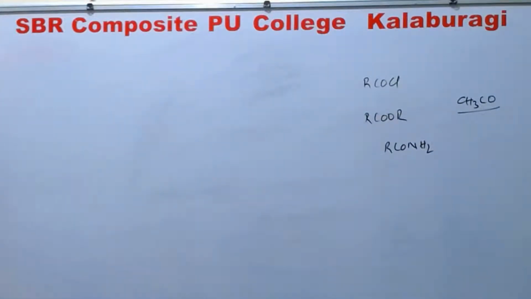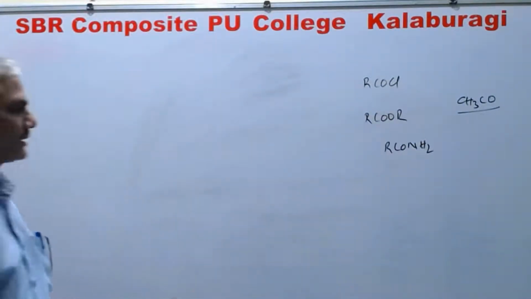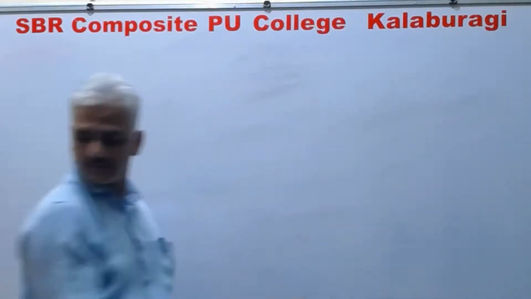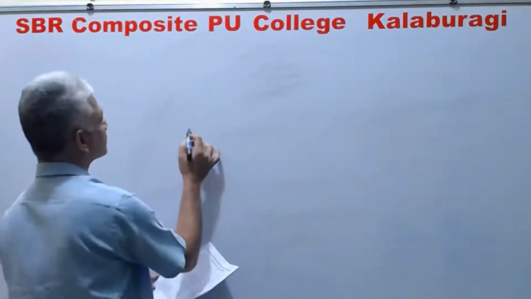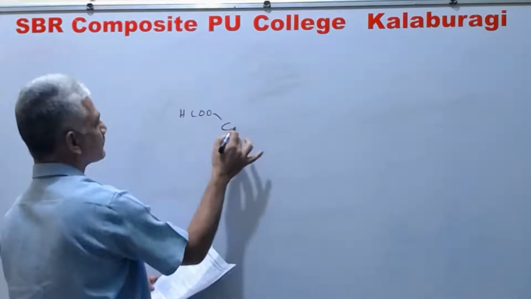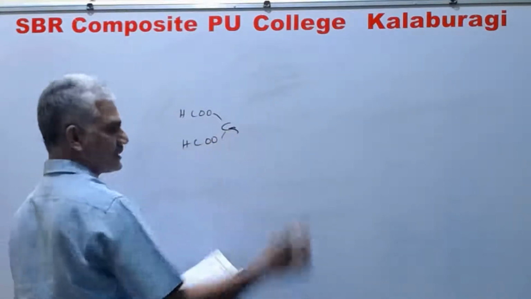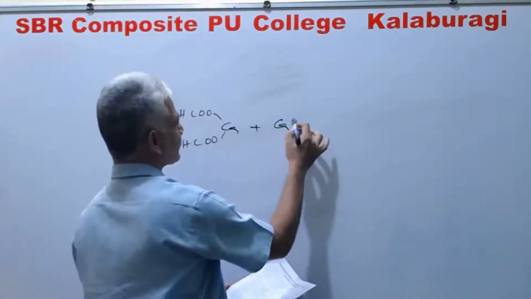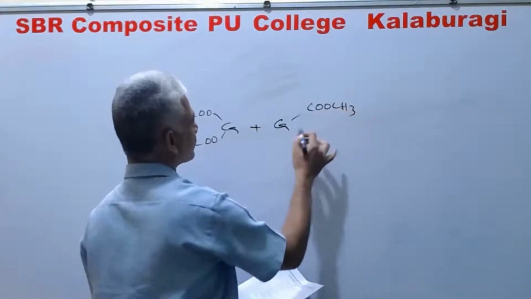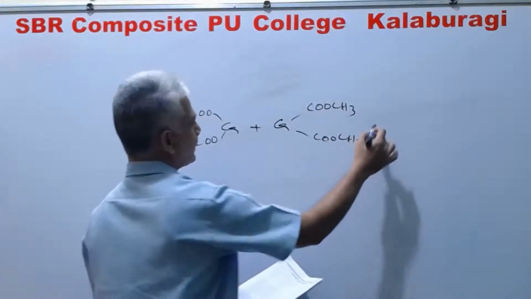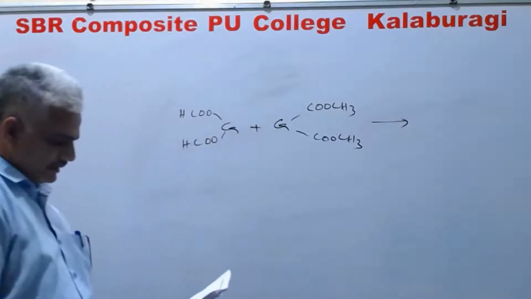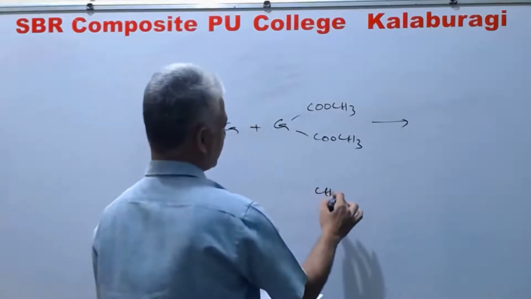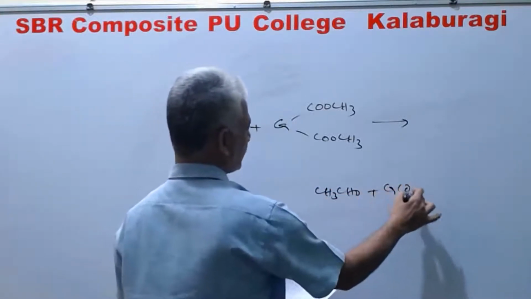When the mixture of calcium formate and calcium acetate is subjected to distillation, actually we get acetaldehyde, CH3CHO, and calcium carbonate.